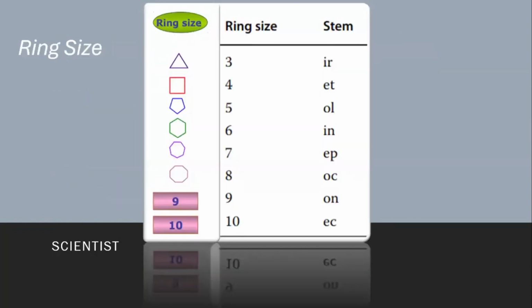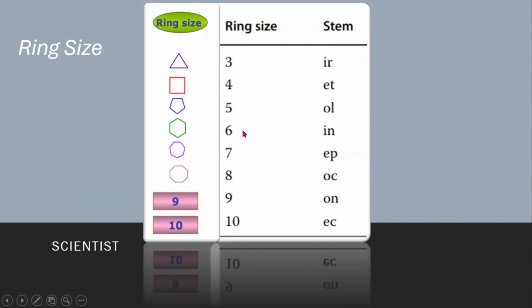Let's discuss the ring size. If it is a 3-membered ring, we will name it ir. If it is a 4-membered ring, we will name it et. If it is 5-membered, we will name it ol.